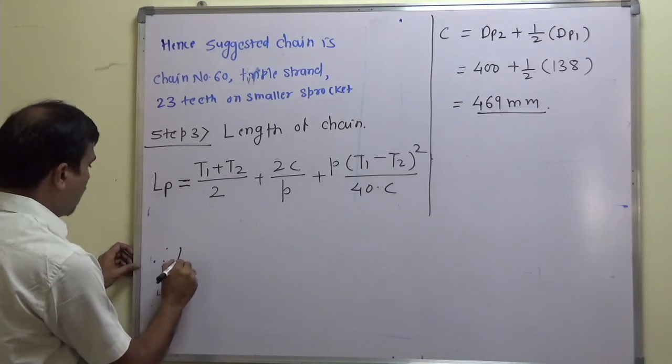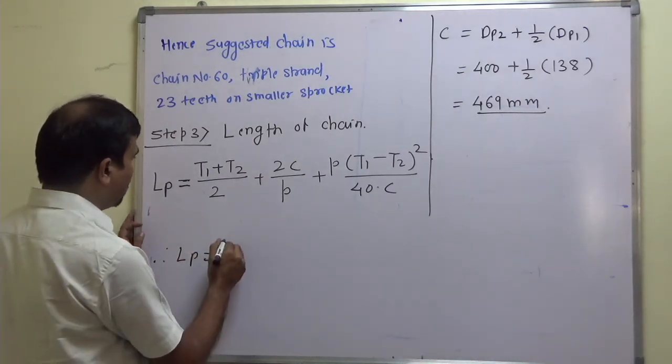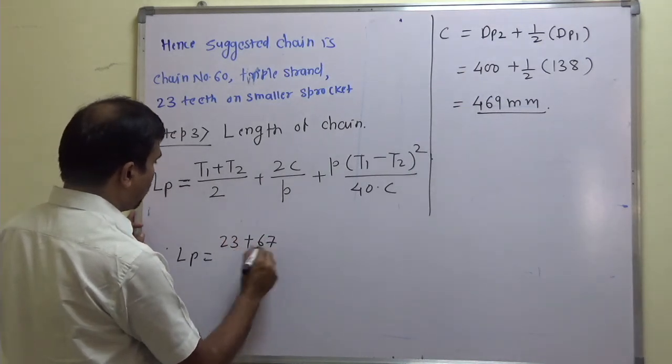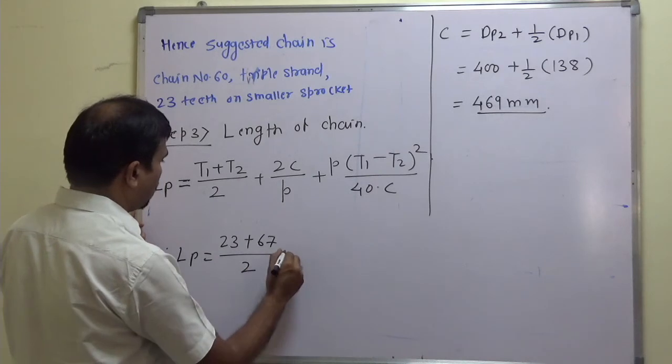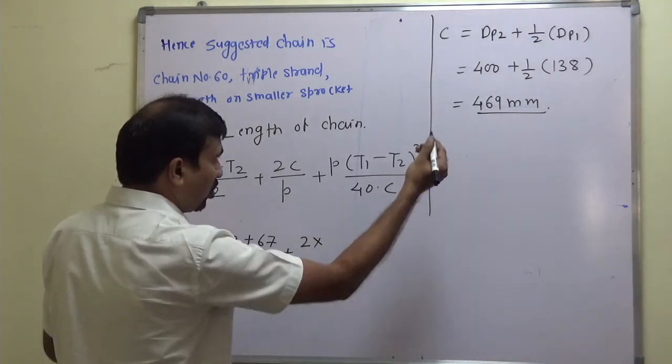Therefore LP is equal to T1, number of teeth on smaller sprocket, 23 plus 67 upon 2 plus 2 into 469.